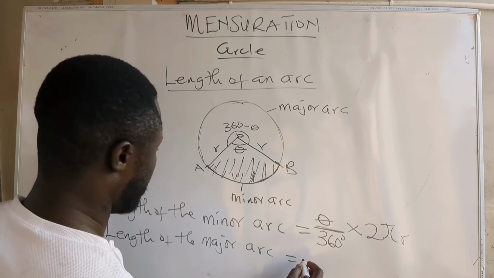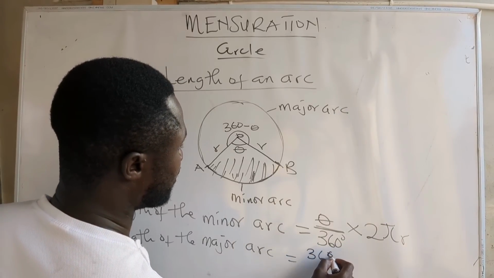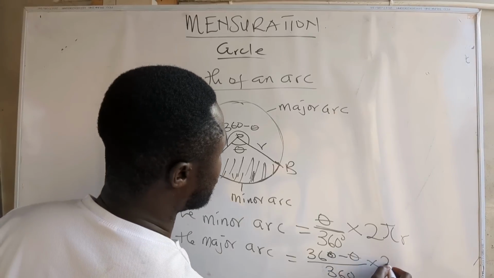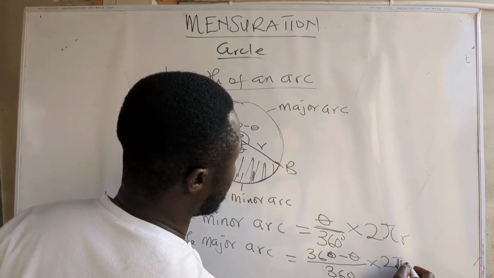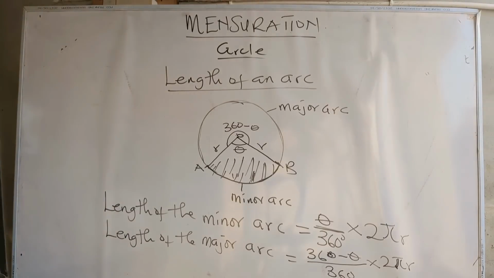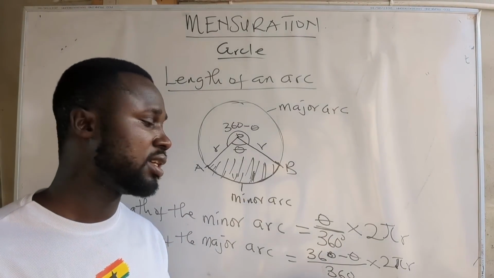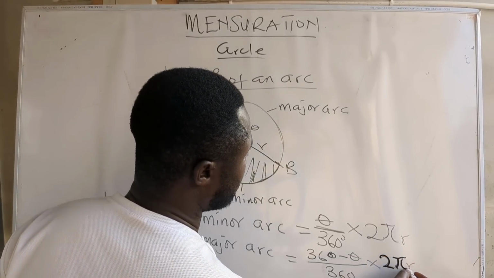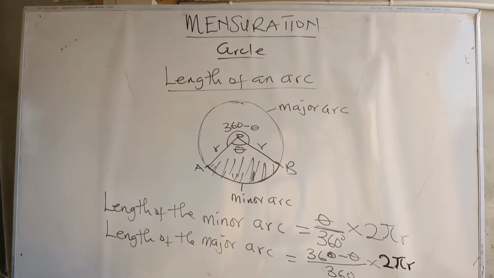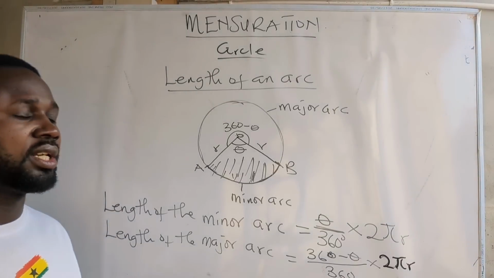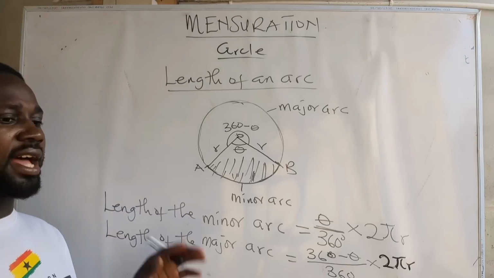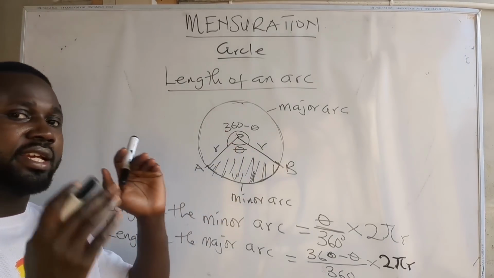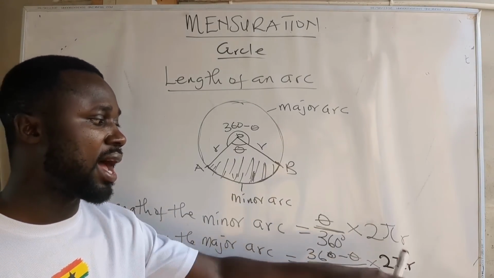So that will be 360 minus theta over 360 times 2 pi r. So in short, what we are saying is that the length of an arc is the angle the arc subtends at the center divided by 360 times 2 pi r.